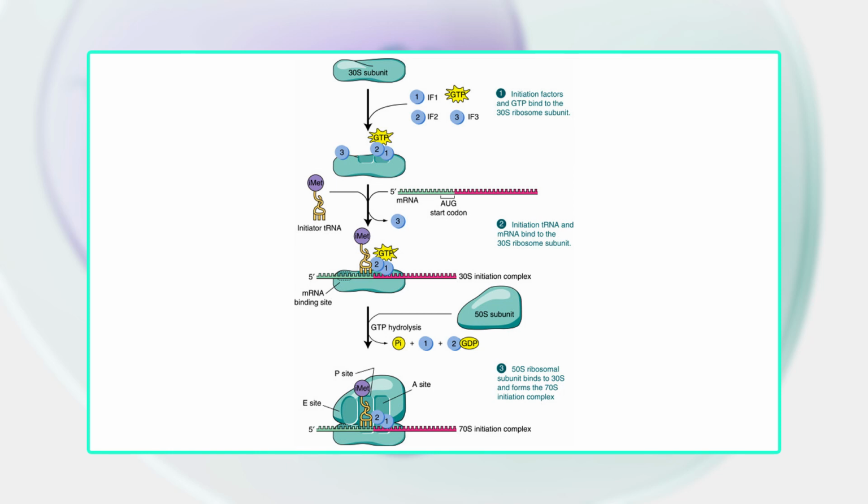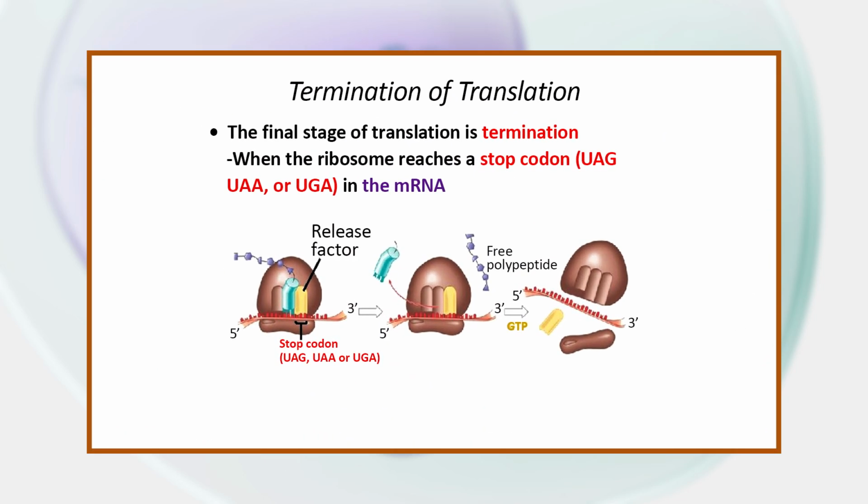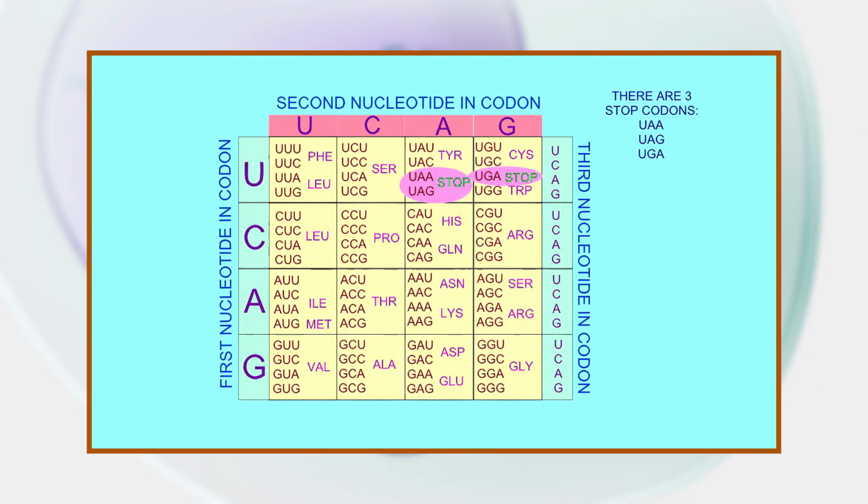The termination of the polypeptide occurs when the A site of the ribosome is occupied by a stop codon, UAA, UAG, or UGA, also known as amber, ochre, or opal, respectively, on the mRNA, creating the primary structure of a protein. tRNA usually cannot recognize or bind to stop codons.